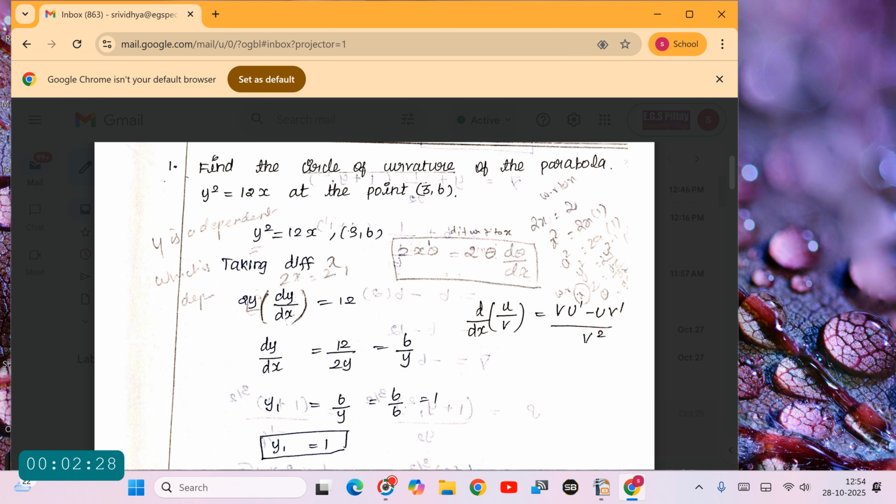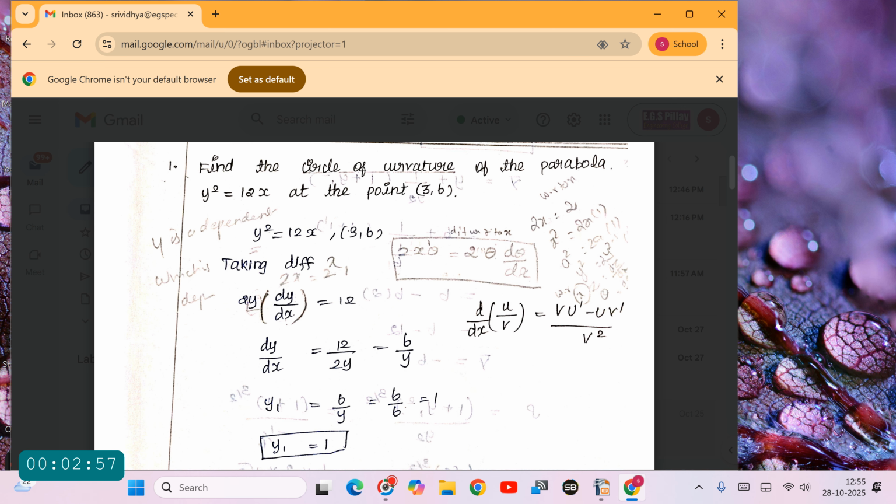Now the curve is given by y square equal to 12x. For the purpose of finding y1 and y2, first we have to take differentiation with respect to x. Y square equal to 12x. The differentiation of y square is 2y into dy by dx, equals 12 into the differentiation of x, which is 1.